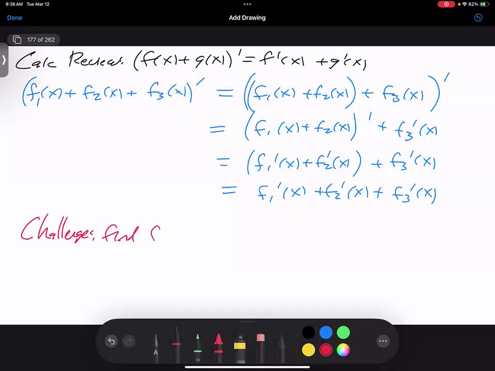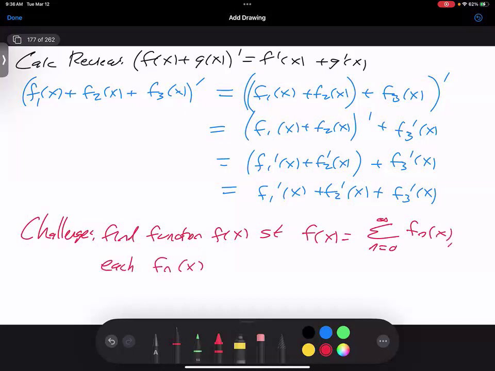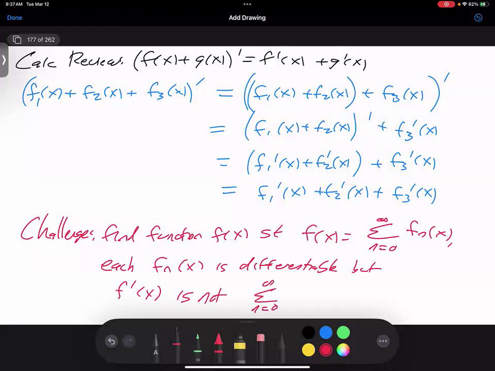Find a function f of x such that f of x equals the sum, n goes from 0 to infinity, of fn of x. Each fn of x is differentiable, but f prime of x is not the sum, n goes from 0 to infinity, of fn prime of x.